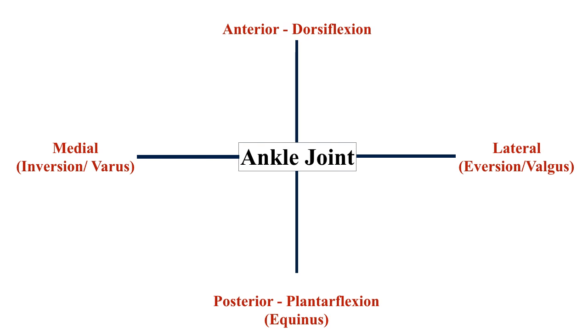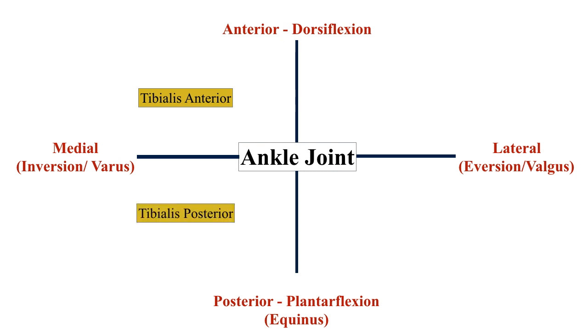Now, coming to the tibialis anterior, which is present in the anteromedial part of the foot. Since it is present in the anterior part, it dorsiflexes the ankle joint, and since it is present on the medial side, it inverts or causes varus movement at the subtalar joint.